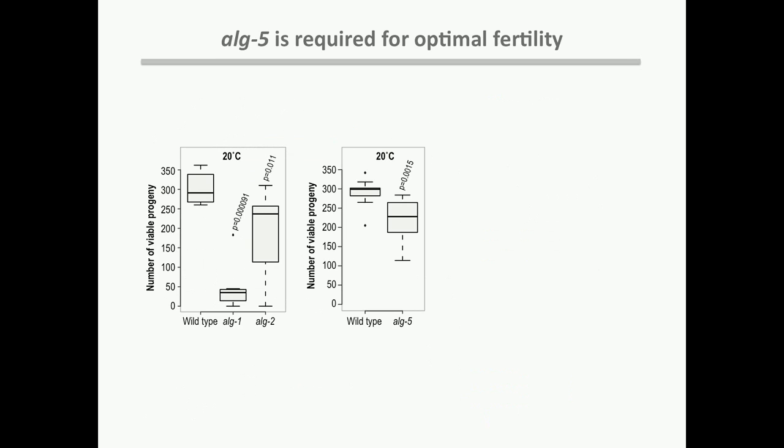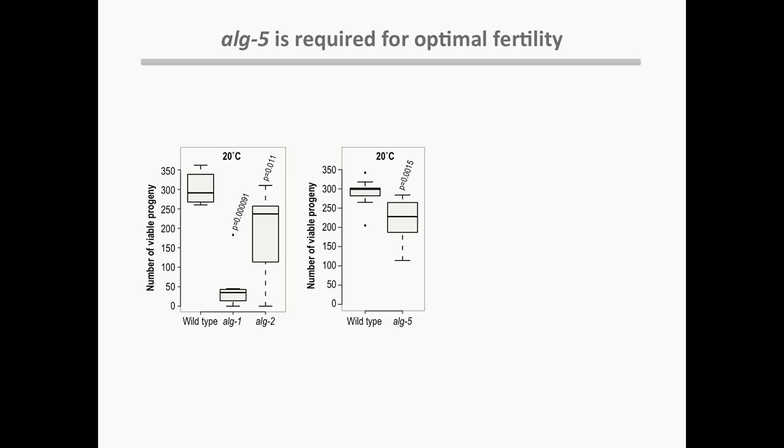So you're probably wondering what the phenotype of ALG-5 is, and that's something that we're actually still exploring. But what we've observed so far is that it has a modest reduction in fertility, just based on the number of viable progeny that it produces. On the right-hand plot, you can see that it's similar to what we see in ALG-2 shown there on the left.